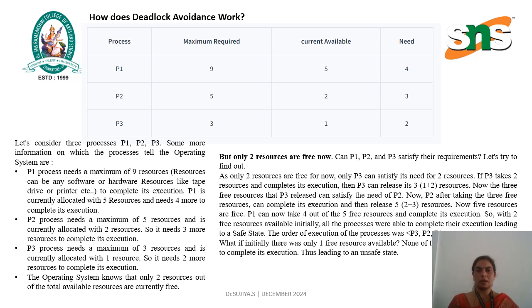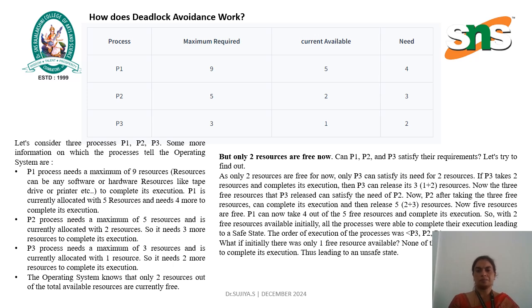Process 1 needs a maximum of 9 resources to complete its execution. P1 is currently allocated 5 resources and needs 4 more to complete its execution. P2 needs a maximum of 5 resources and is currently allocated 3 resources, so it needs 2 more resources to complete its execution. So the operating system knows that only 2 resources out of the total are currently free.